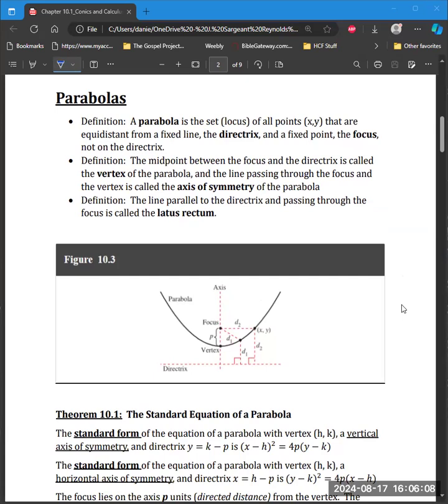And we usually talked about those parabolas in the form of y equals ax squared plus bx plus c, and we said that if a was greater than 0, it opens up. If a is less than 0, it opens down.